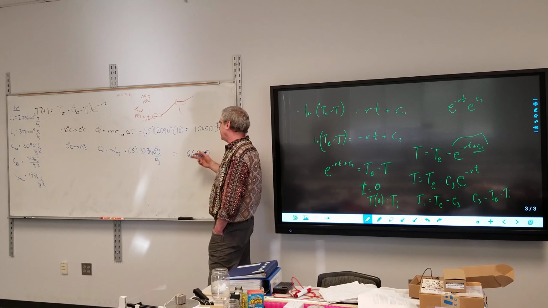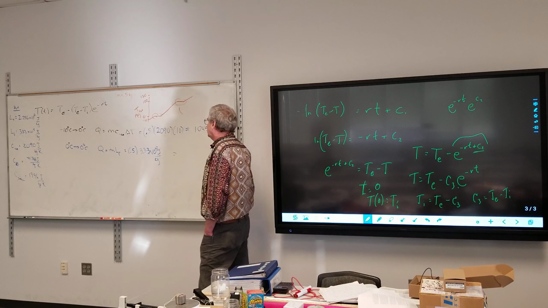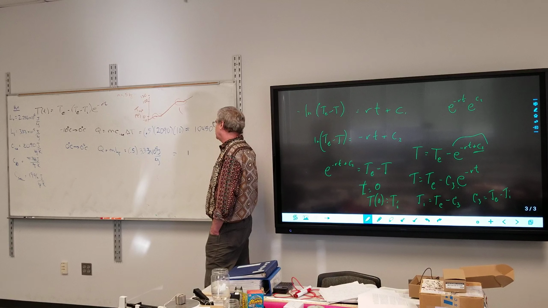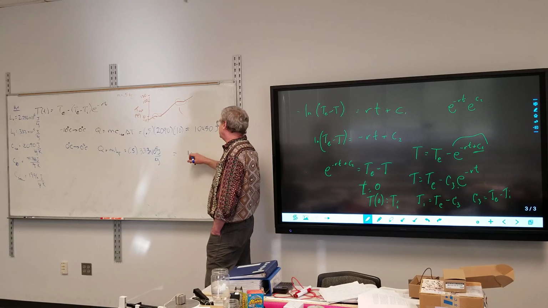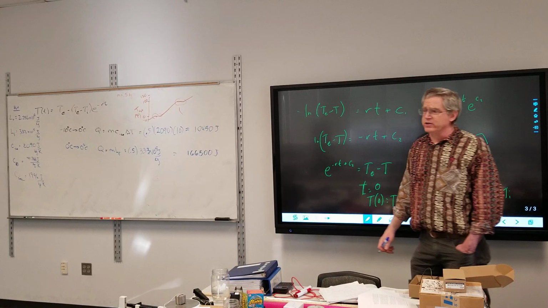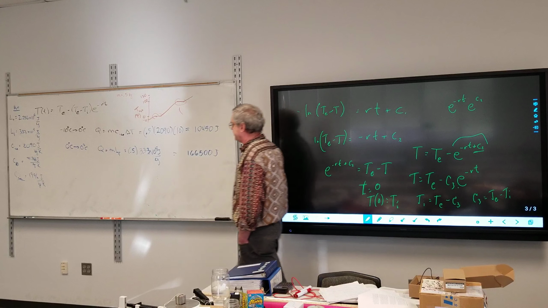So 300,000 divided in half, that can't be right. Two, not five. So it takes considerably more energy to melt it than it does to actually get it up to melting temperature.